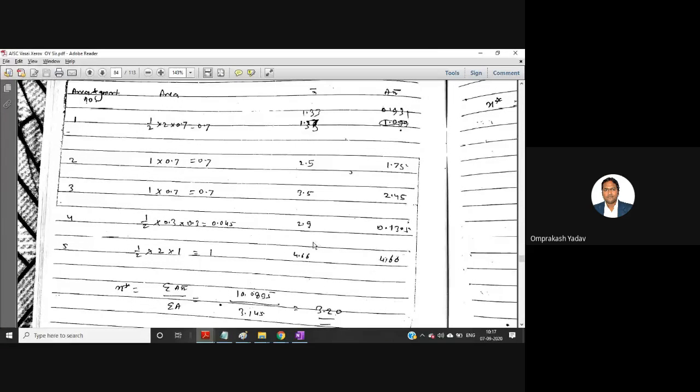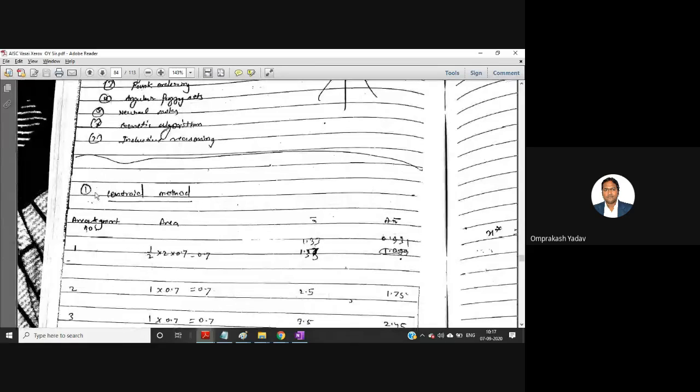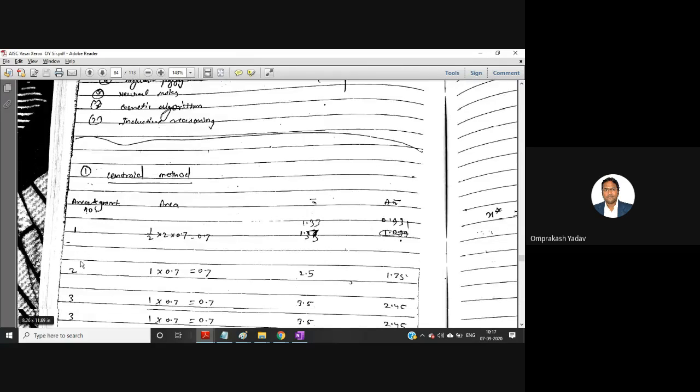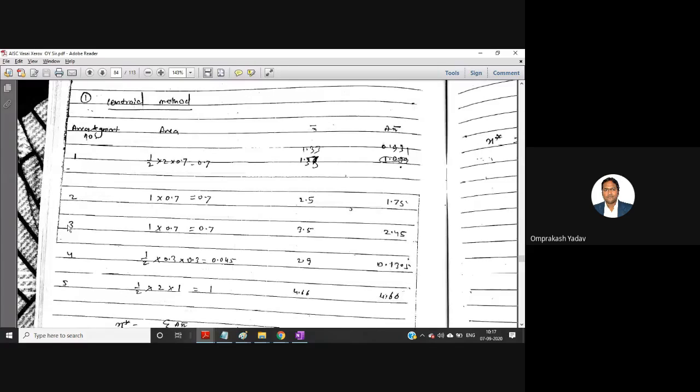What I want is that you first write the centroid method and draw four columns. The first column is the area segment number, where we'll write the first area, second area, third area, fourth area, and fifth area. The second is the area column, where we'll calculate the area.